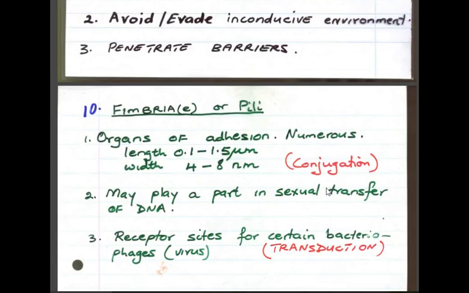Assume as your male partner passes nucleic acid over to you using a passage, that passage, instead of being whatever you know it to be, just think of it as the arms that you are holding each other with. It uses the same arms to pass the nucleic acid over. When it comes to viruses, how they use this pili as receptor sites, let's wait until we come to transduction.